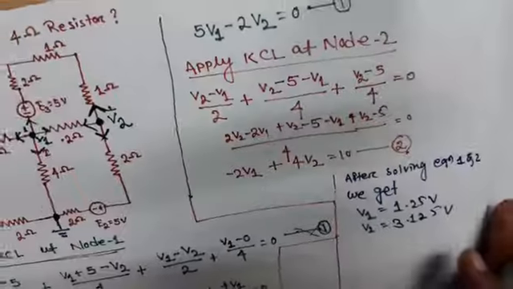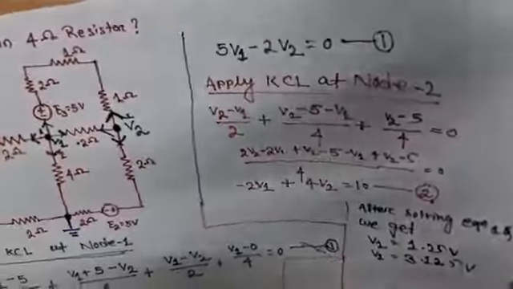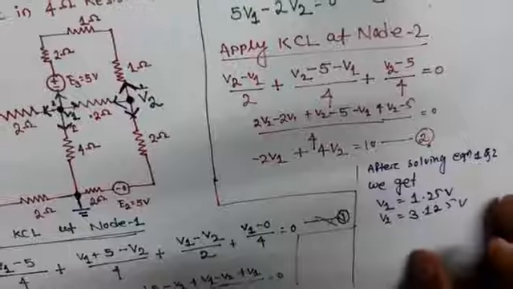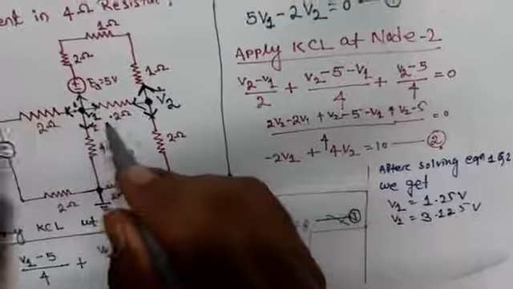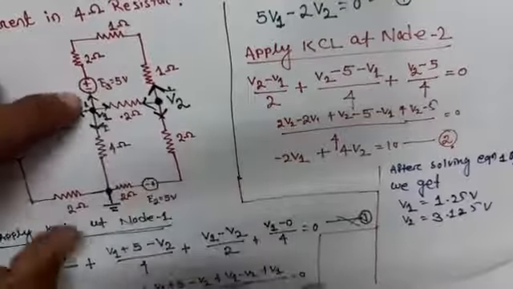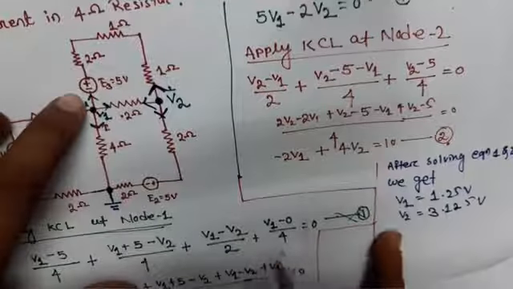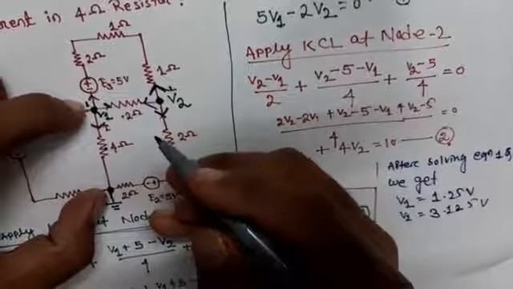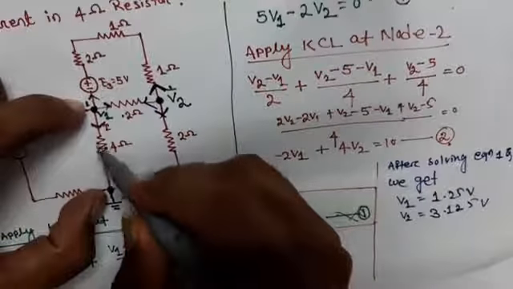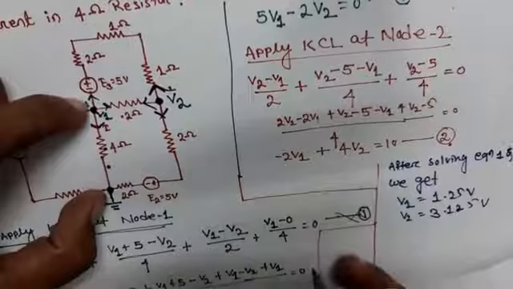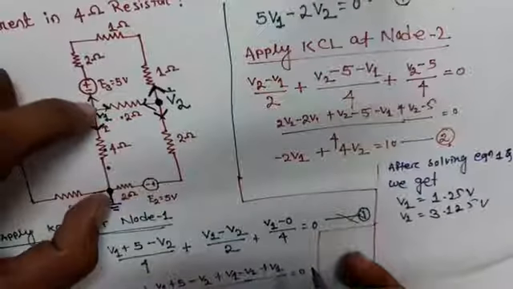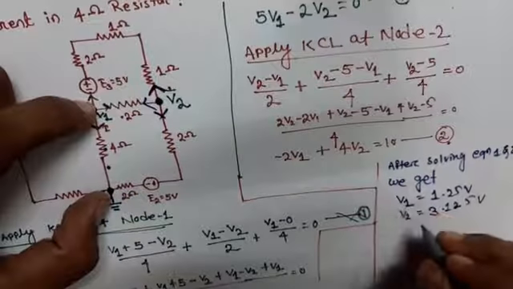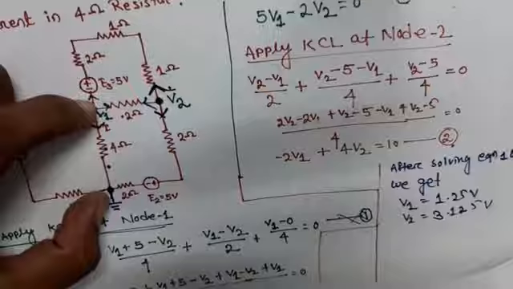Finally we found V1 and V2, but our objective is to find the current in the 4 ohm resistance. The current in the 4 ohm resistor is this potential divided by this resistance. This potential is V1 with respect to the reference node, so the current in the 4 ohm resistor is V1 divided by 4.